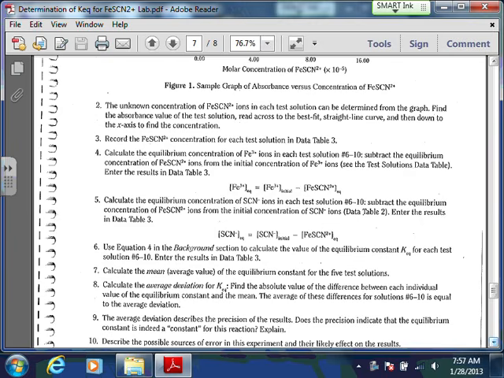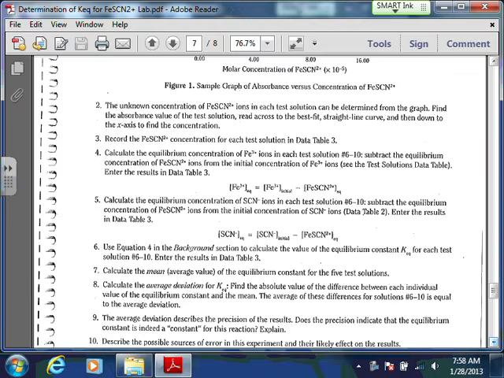Number 7, calculate the mean or the average value of the equilibrium constant, and then calculate the average deviation for KEQ. And what they say to find that, find the absolute value of the difference between each individual value of the equilibrium constant and the mean, and then take the average of those differences.